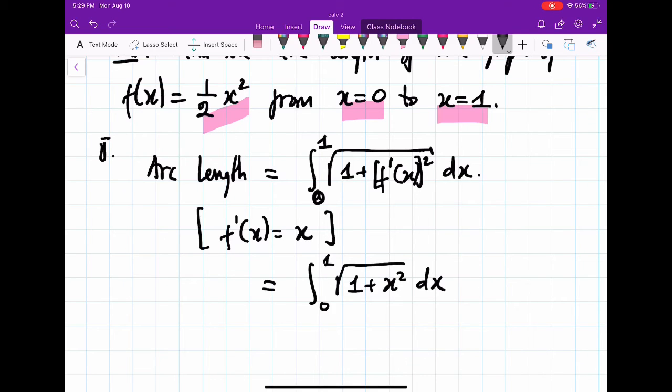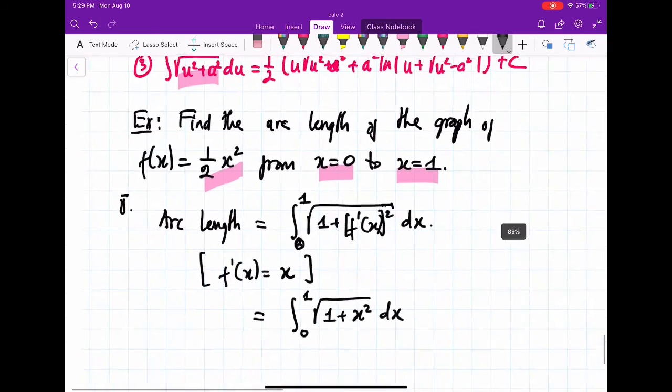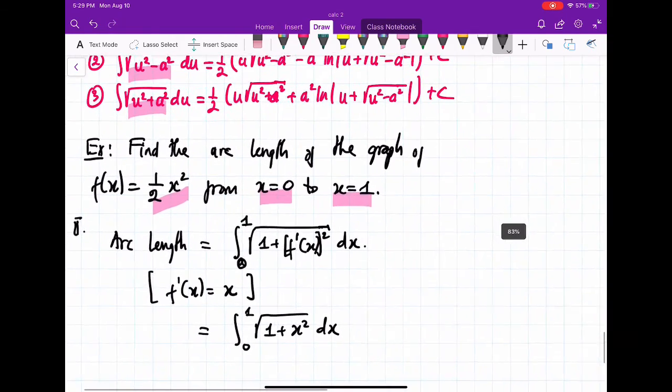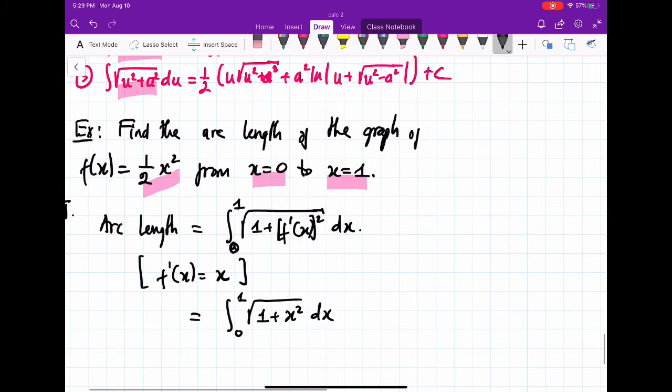But you know, in order to solve this, you need to do trig substitution. Okay, let's apply the formula, and then we will do trig substitution.